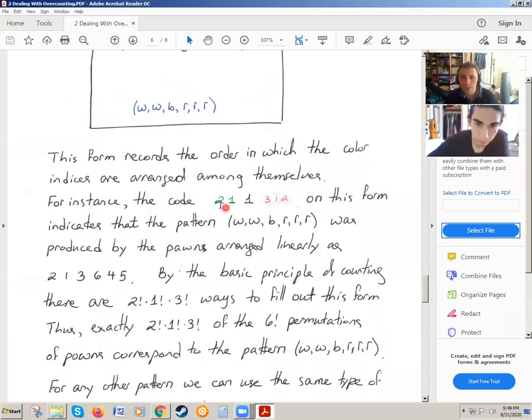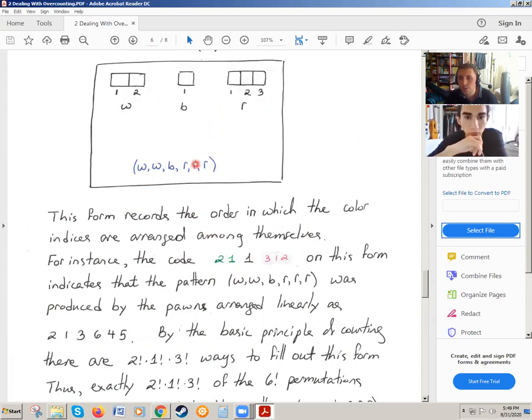So what did it mean? 2 1 means that the first time I see a white pawn, the first white pawn moving from left to right is 2, then followed by 1. Doesn't matter where, actually, right? In this case, I know they're consecutive, but for any other labeling, it will be the same. Okay. So I can take this code and I can construct exactly where those pawns were in the pattern, right?